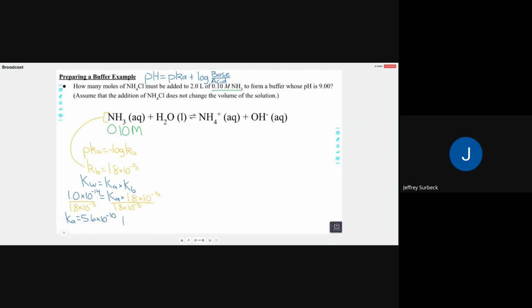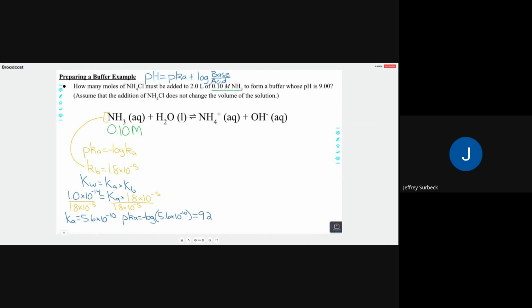Our pKa is equal to the negative log of 5.6 times 10 to the negative 10th, and if we do that, our pKa is going to equal 9.25.